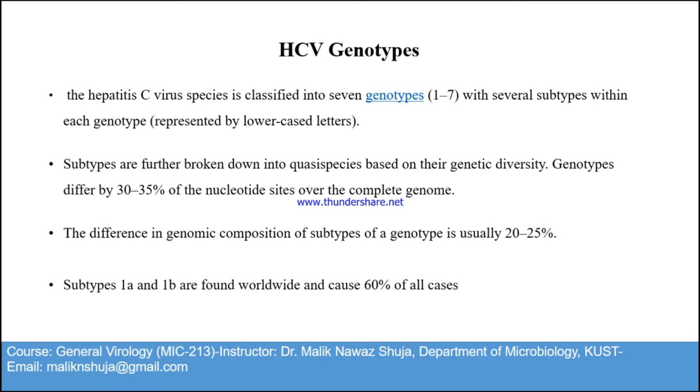All these differences are usually based on nucleotide availability. Subtypes 1A and 1B are found worldwide and cause 60% of all cases. This indicates that 1A and 1B are more common in HCV patients.